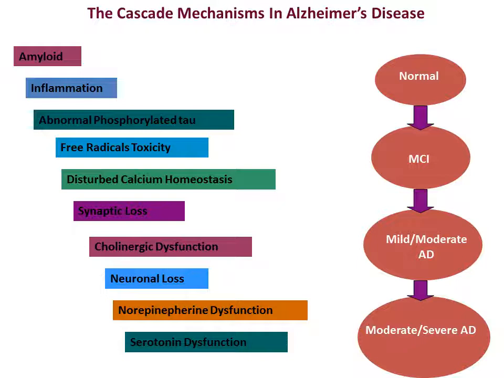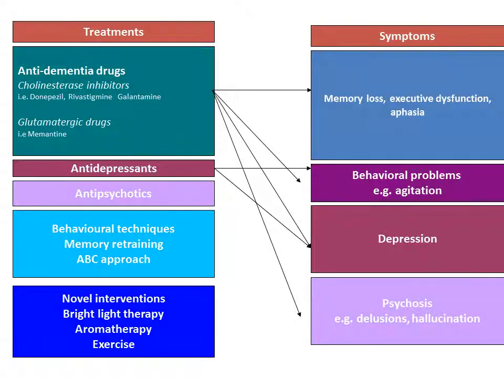Abnormal phosphorylation of tau, free radical toxicity, and disturbed calcium homeostasis may be represented clinically by mild cognitive impairment. Synaptic loss, cholinergic dysfunction, and neuronal loss occur in the early stages of Alzheimer's, in mild to moderate Alzheimer's. Then norepinephrine dysfunction and serotonin dysfunction are present in moderate to severe Alzheimer's.